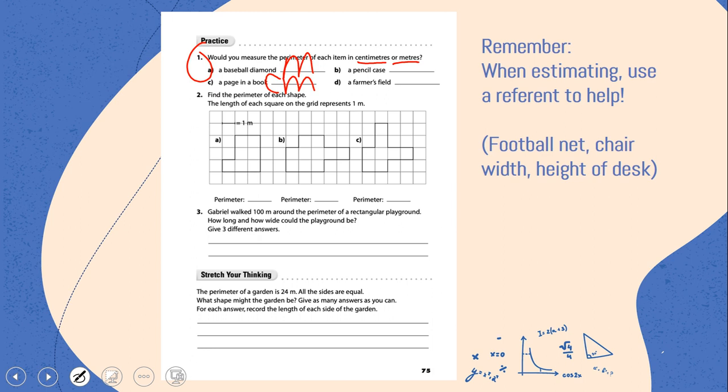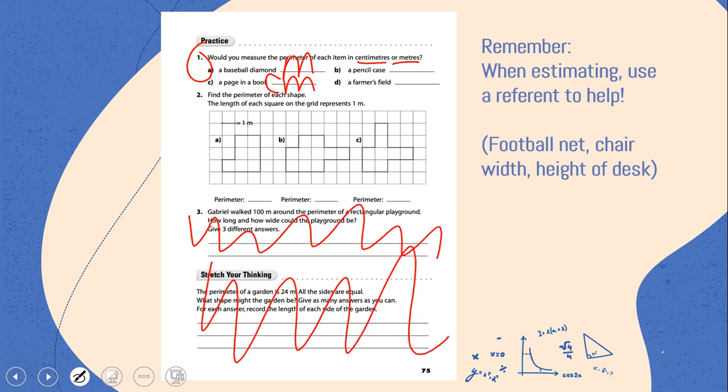Now for number 2, you also don't have to do number 3, and I'm not even gonna make you do the stretch your thinking today because you've done enough work. So again, for number 2, you are just counting the squares. Please remember that this one is meters. So again, when you go around the squares, you're just counting 1, 2, 3, 4, 5, 6, 7, 8, 9, 10, 11, 12. Okay, so that's 12 meters.